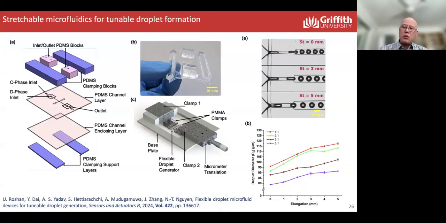Only areas which we want to deform and control will be a thin layer, right? And with that, we can selectively control the geometry of the T-junction or co-flow junction where droplets are formed, while we're keeping the channel geometry elsewhere constant, right?